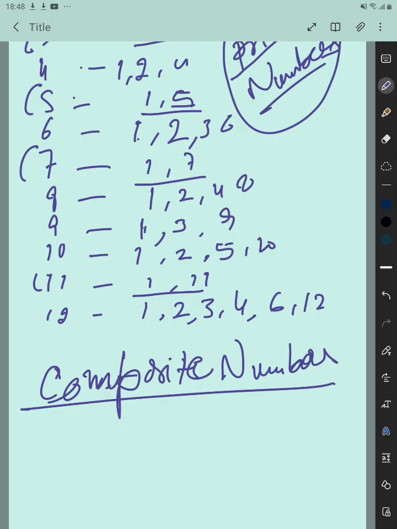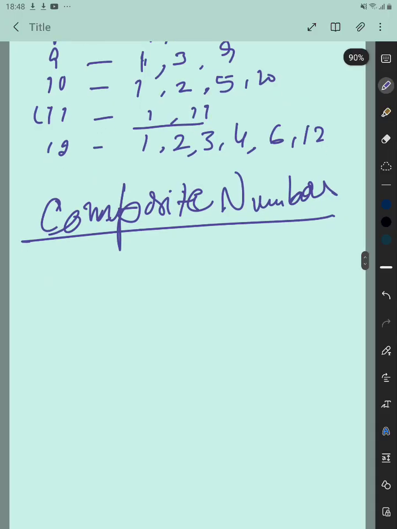Now we'll try to find out how to find prime numbers. There was a Greek mathematician whose name was Eratosthenes.